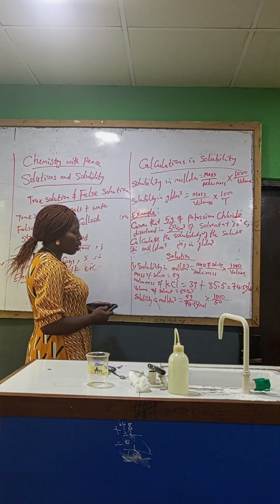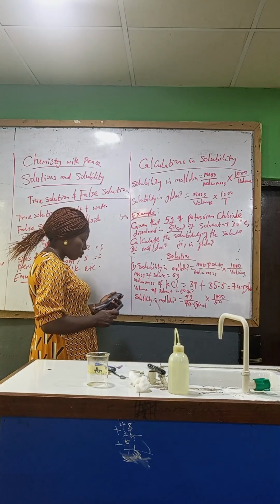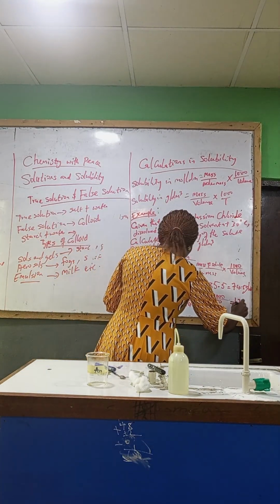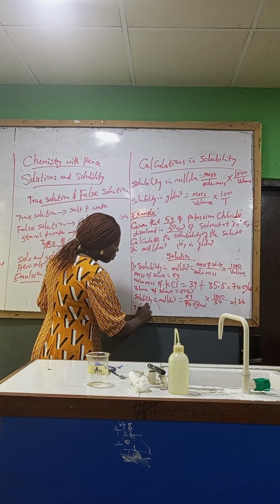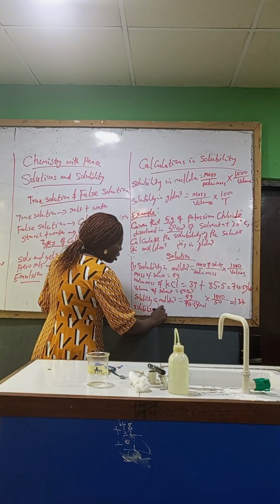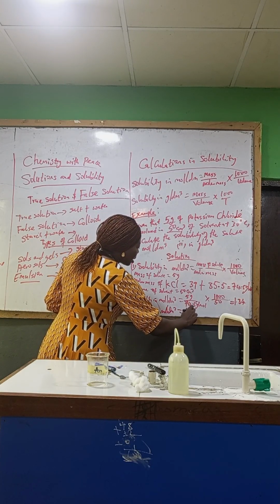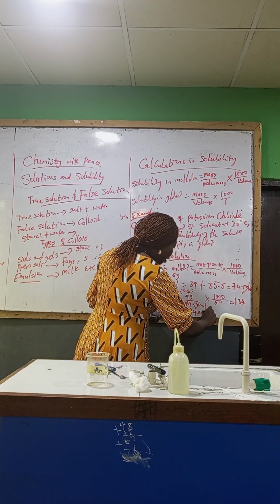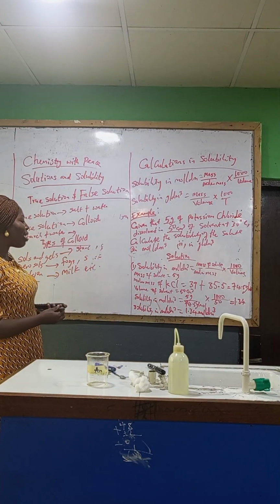Please use your calculator. So we just got our solubility in mole per dm cube as 1.34 mole per dm cube.